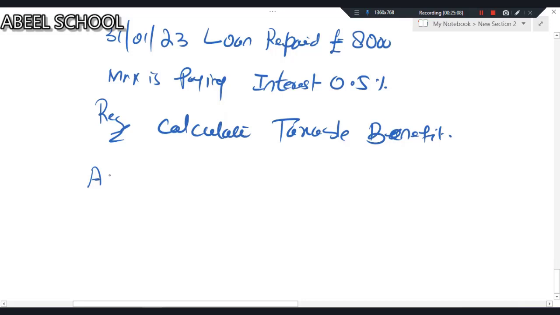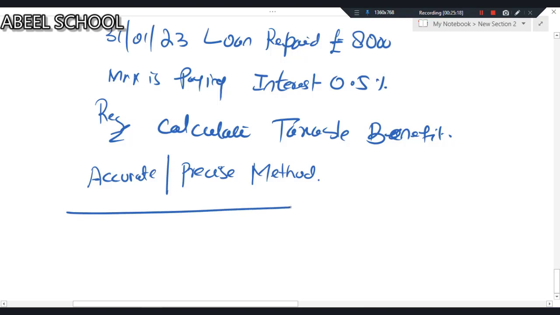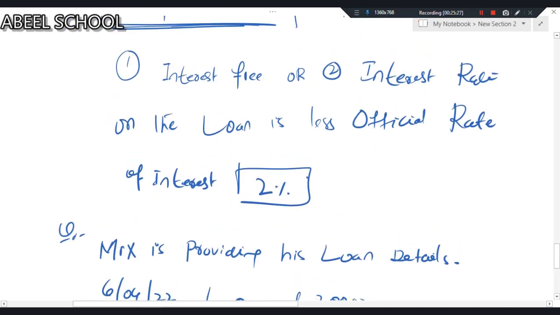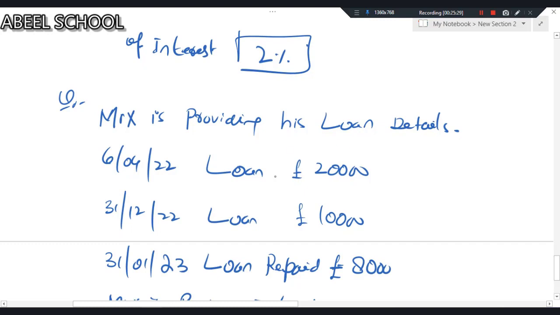Another name is precise method. Accurate or precise, you can use any name. And we need to calculate taxable benefit for the tax year 22-23. The loan on 6 April 2022, start of the tax year, he took the loan of £20,000.